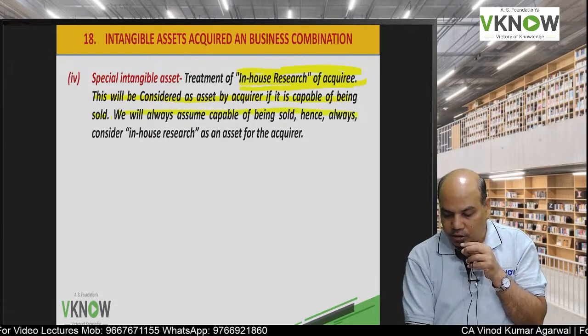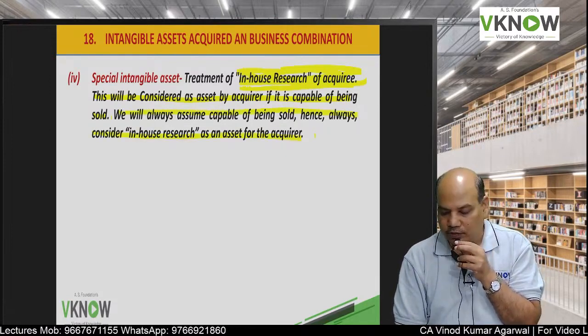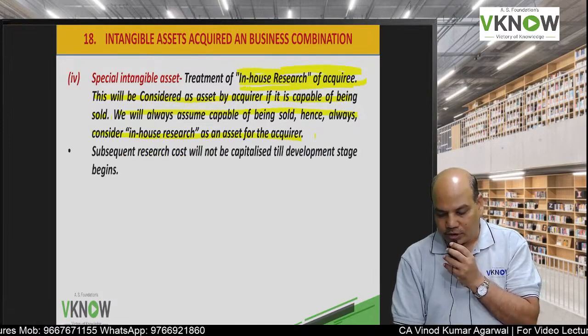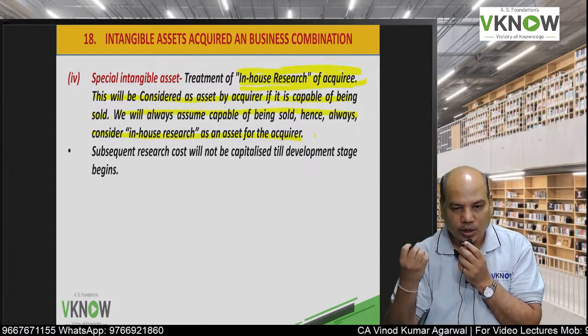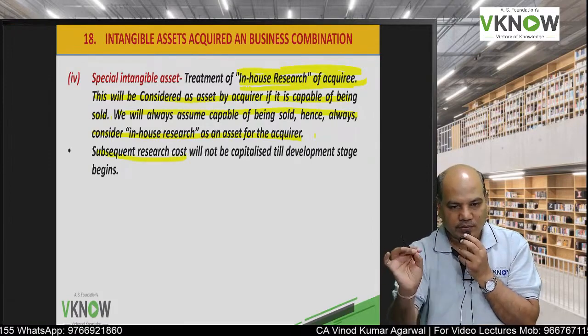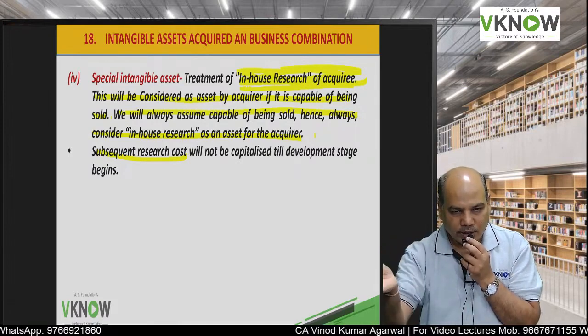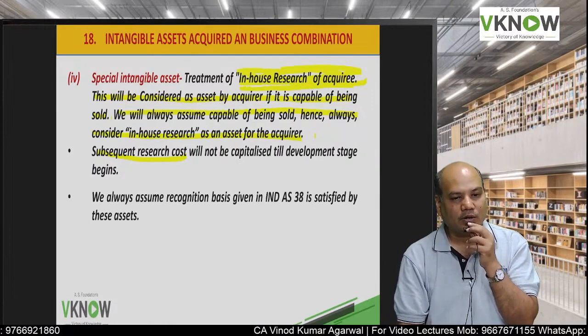If it is capable of being sold separately, then any in-house research division will be treated as a separate intangible asset. After you have acquired it, you incur two types of expenditure: research, development. Subsequent research expenditure will be charged to P&L account.